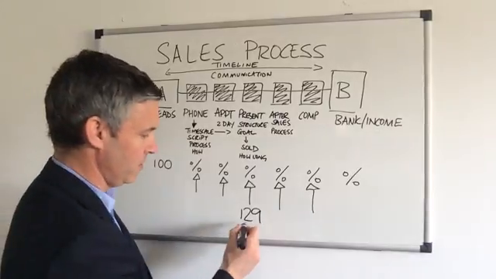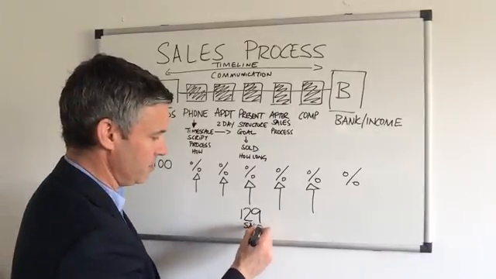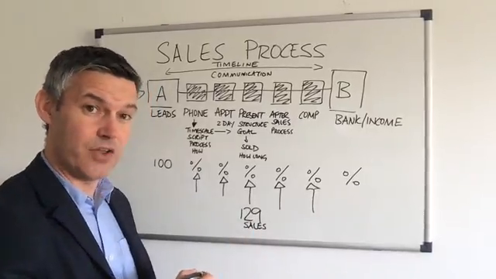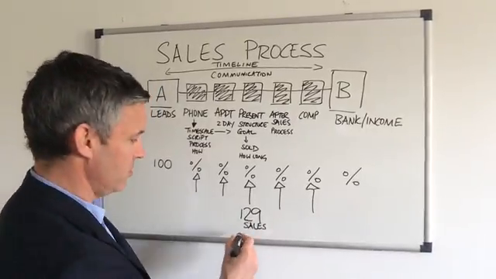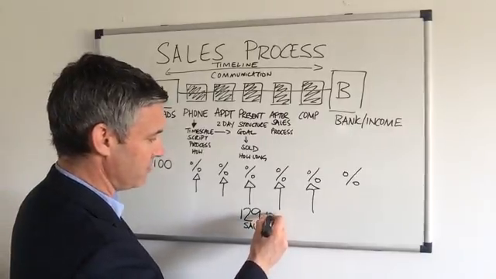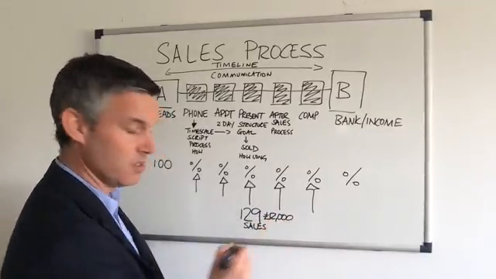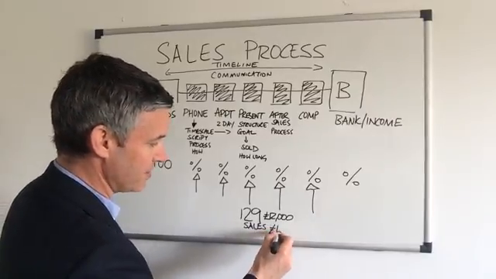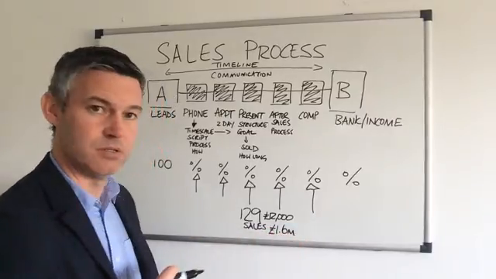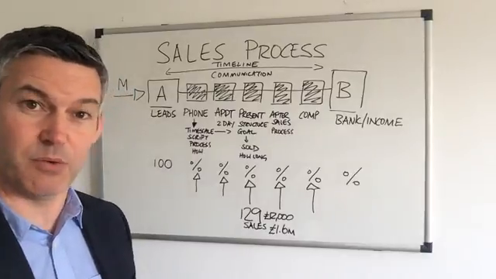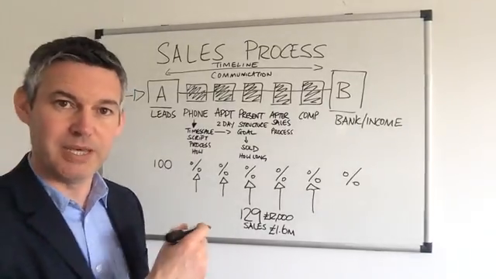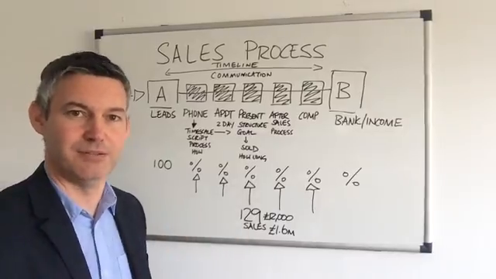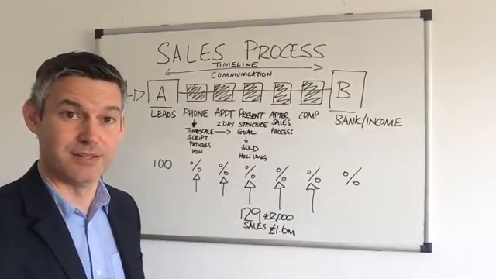Now, because we knew our numbers, the average sale of those 129 sales was £12,000. So that equated to almost £1.6 million of sales in that month. That wasn't our best month, but believe me, that was a pretty impressive month, and we were all absolutely stoked with that, in all fairness.